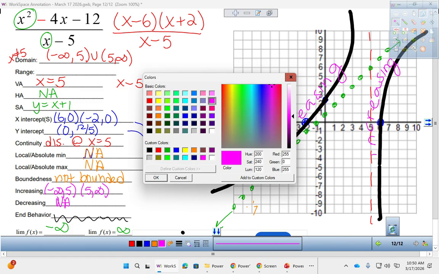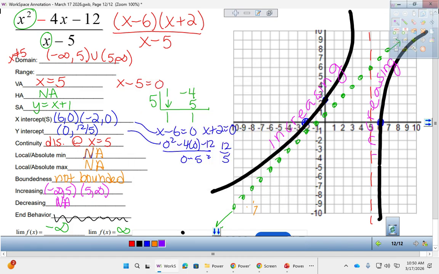And then looking at this graph for the range is like looking at it from the bottom to the top. There's graph down here, that's black. And as I go up, I'm still seeing graph. I see this black graph all the way from top to bottom. So my range is negative infinity to positive infinity.